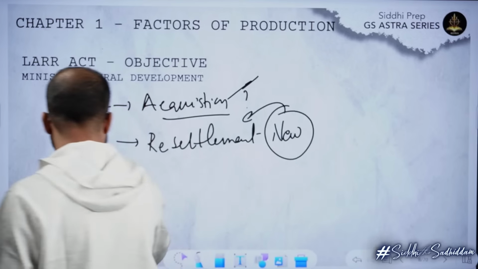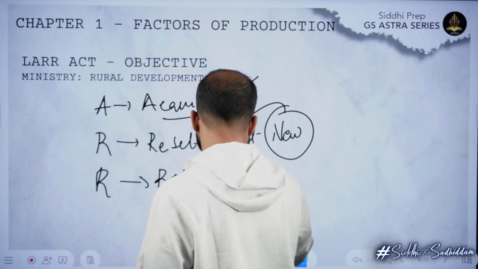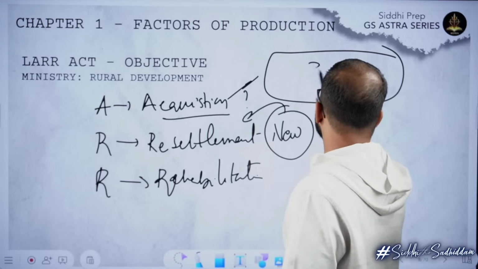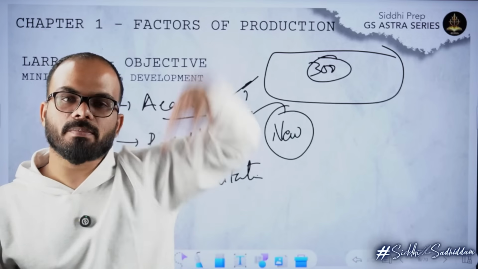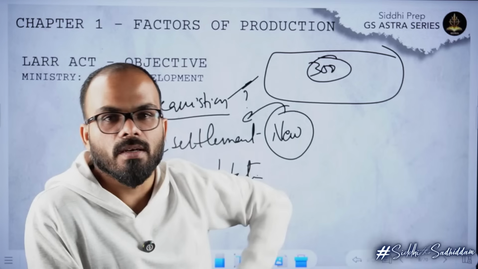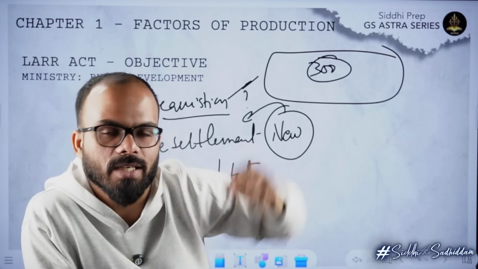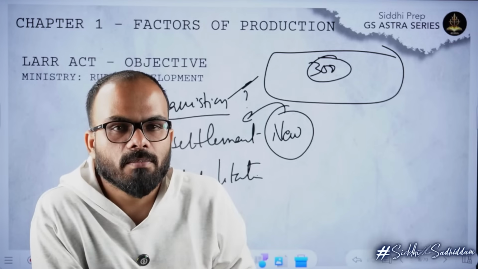And the other R stands for rehabilitation. Let's say there are 300 villages that were asked to vacate. The people of the 300 villages said, okay, we will give our land. They took money and agreed to move. Now the government said, this is the 700 acre new land parcel, you can go and settle there. Resettlement is also completed.